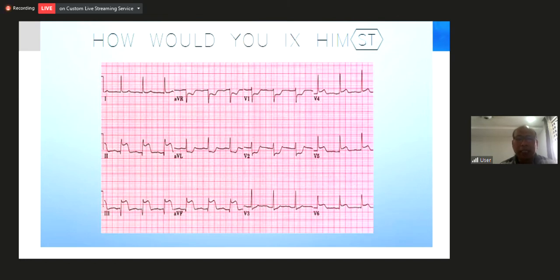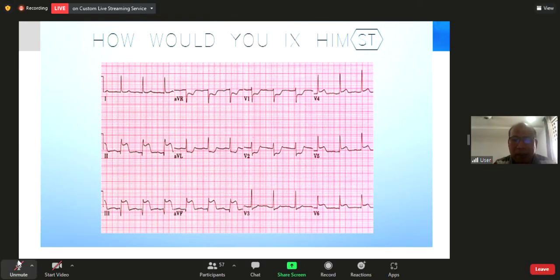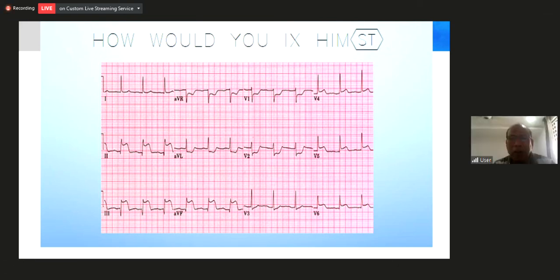So ECG changes, student. Do you pick up anything? ST elevation. Where is the ST elevation? Leads 2, 3, aVF. Okay, what is the onset? When is the onset of chest pain? How many hours?